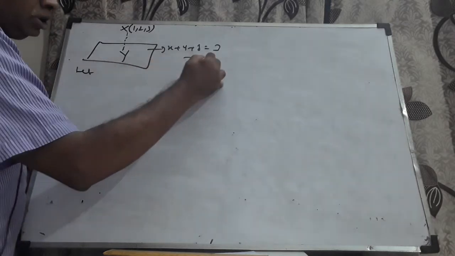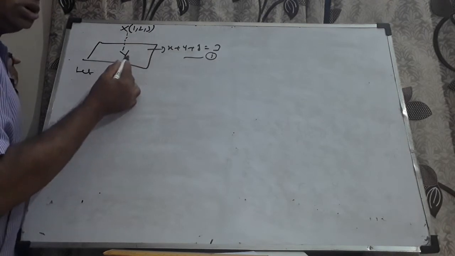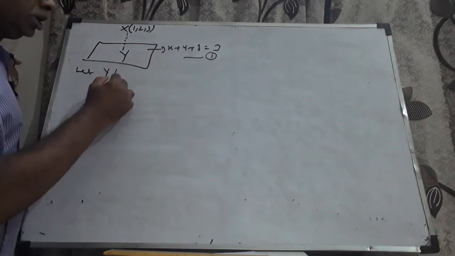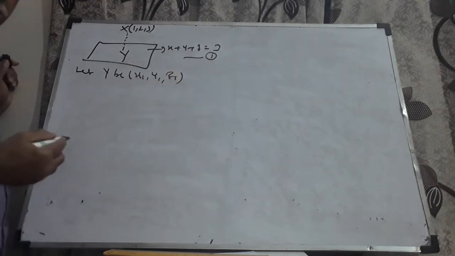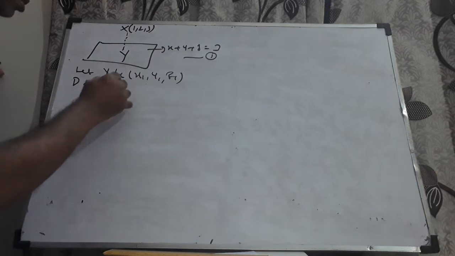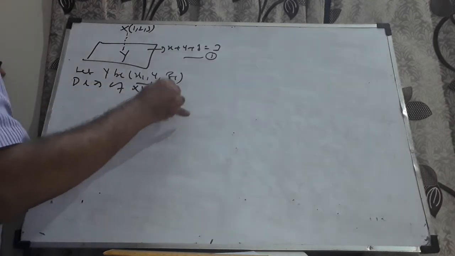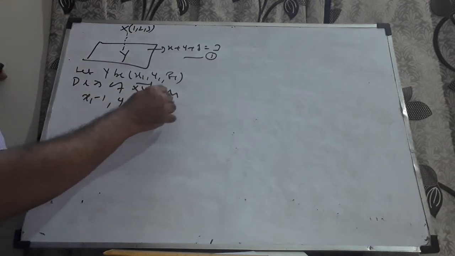That's the question given to you. Okay, this is my plane. You can write down X (1, 2, 3) is the given point. XY is perpendicular to the plane, Y is the foot of the perpendicular. Given plane is 1, so you can write. Let Y be (x1, y1, z1). Just listen carefully. Now DRs of XY vector or line XY, either way you can write, I'll get it to be x1 minus 1, y1 minus 2, z1 minus 3.